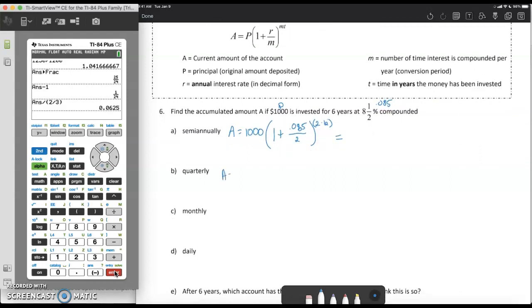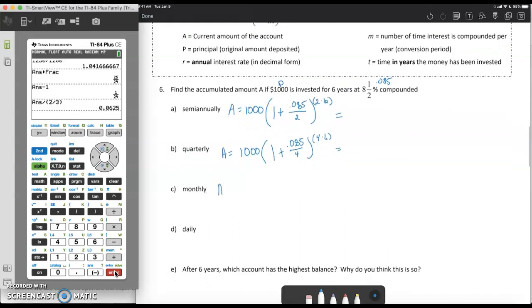So if they're quarterly compounding, everything stays the same except for that M value. So 1,000 times the quantity 1 plus 0.085 over 4, quarterly would be 4 times a year, and my exponent would be 4 times 6.